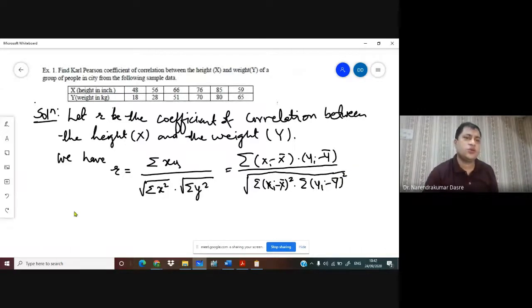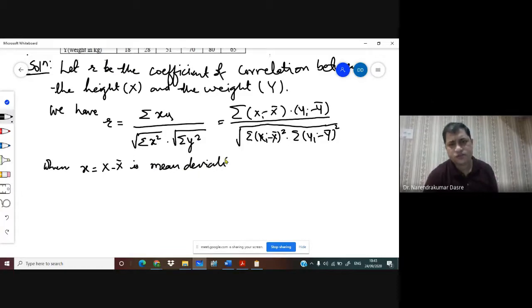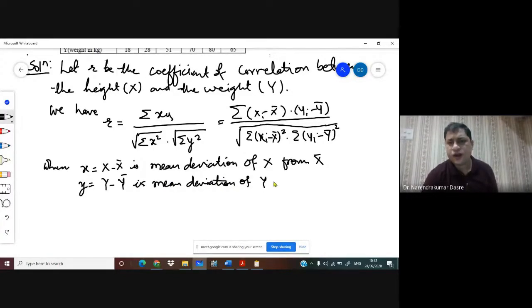Okay. So what we get here? What is small x? Small x is capital X minus x bar, the deviation of x from x bar. What is small y? Small y is capital Y minus y bar, the deviation of y from y bar. What is x bar?